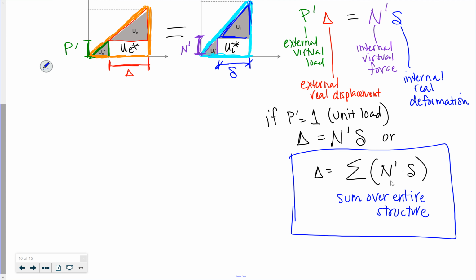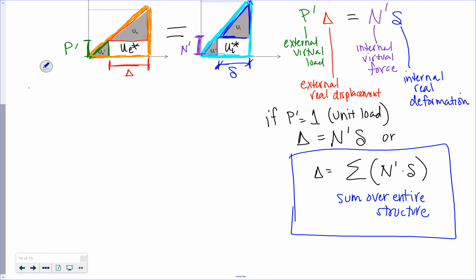Now, if you're wondering what the UE star is, why there's this extra rectangle, I should have said it earlier. We had the two triangles from applying our loads, but now we have this extra rectangle.